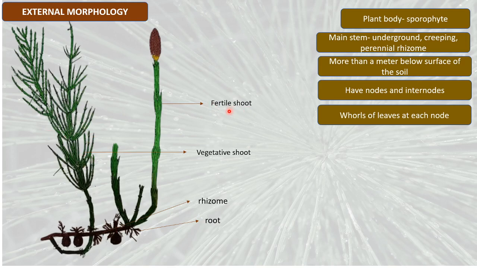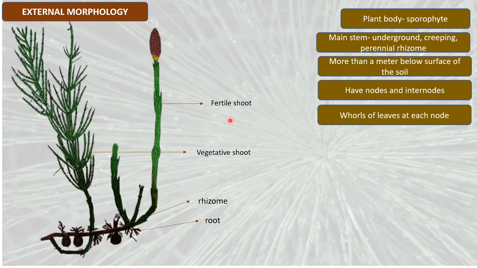They are different. The vegetative shoot has the presence of only leaves and branches, whereas the fertile shoot will have the presence of sporangia, which is a reproductive organ.